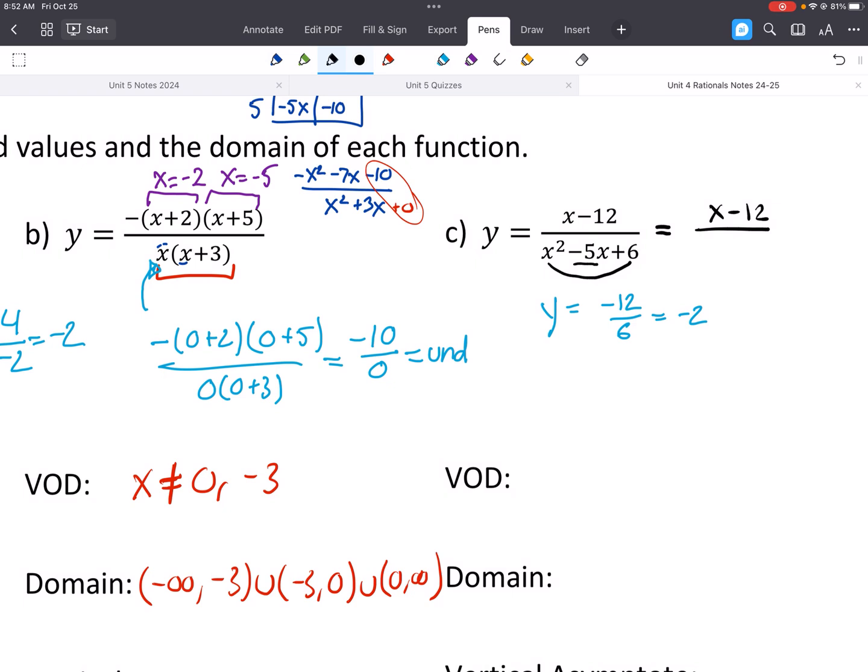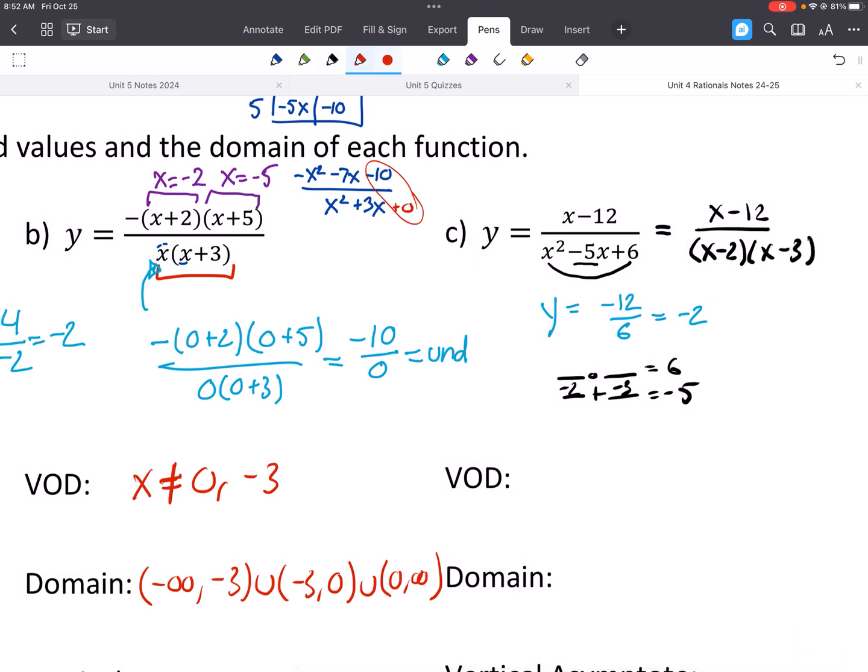The hint is that they have to both be positive or both negative. So multiply to 6 and add to negative 5. I think it'd be negative 2 and negative 3. So we'd get x minus 2 and x minus 3.